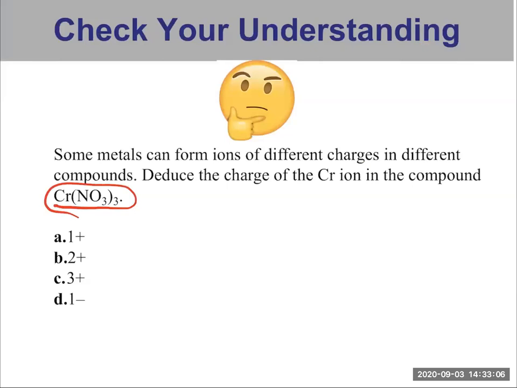So it's going to equal 0. The charge of nitrate, if you don't know yet, is -1. This is a polyatomic ion, which is coming up. So you have 3 nitrates, and the charge is -3 plus X. So for X, the charge is 3. So it will be 0.